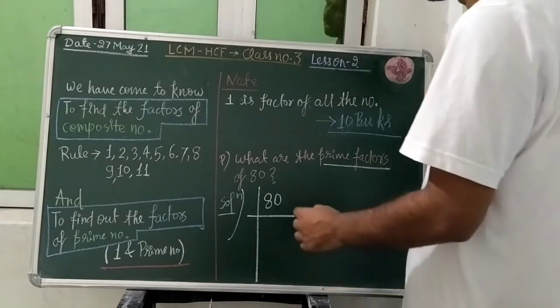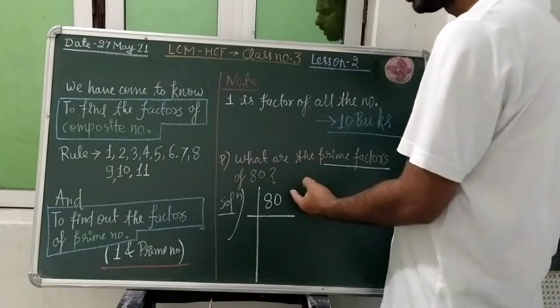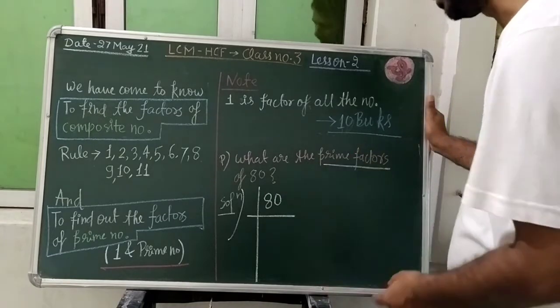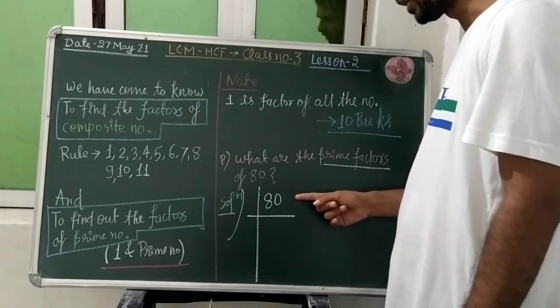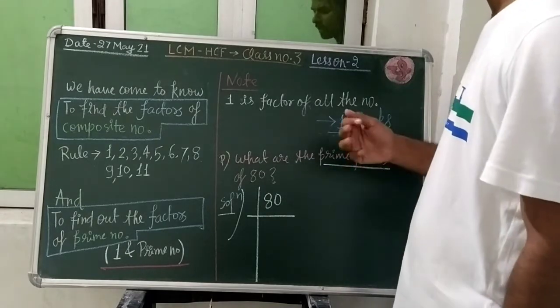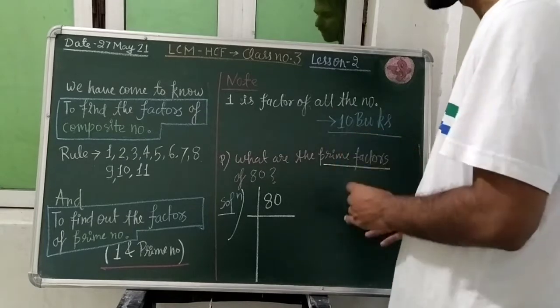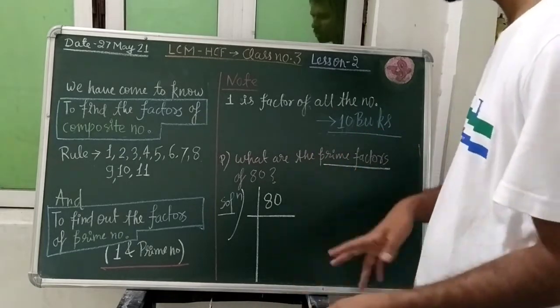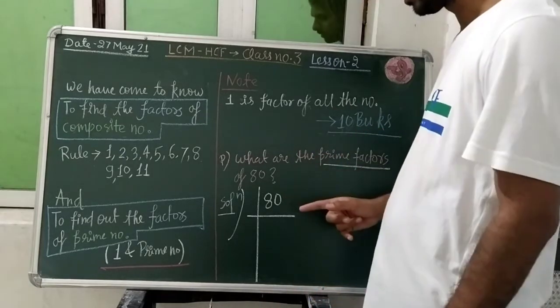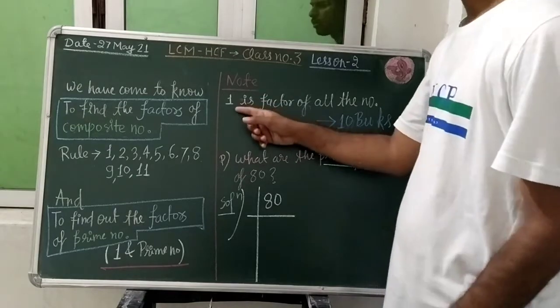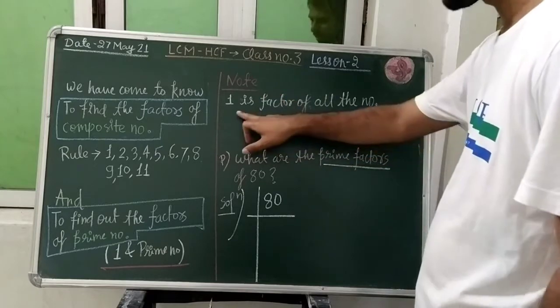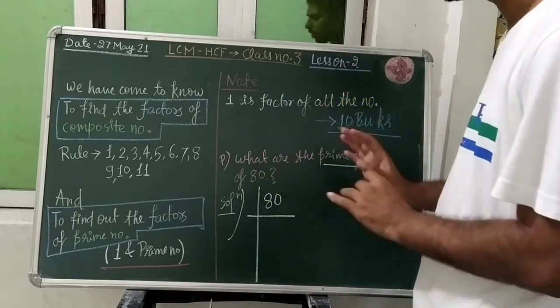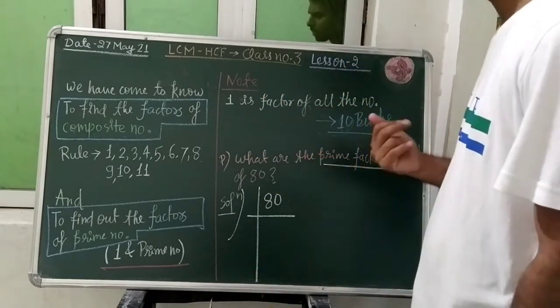So how will we find out the prime factors of 80? Of course, 80 is a composite number. So for 80 we shall check which number is going to divide the 80. Look students, 1 is the factor of all the numbers, so we will not talk about 1. So we shall start from 2.